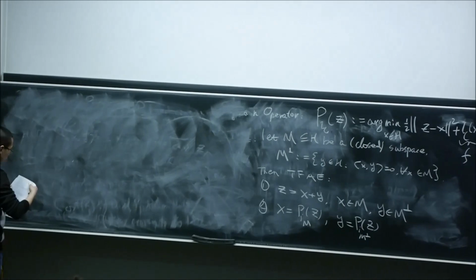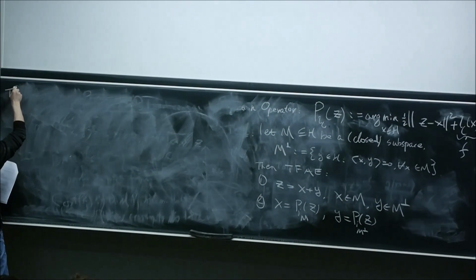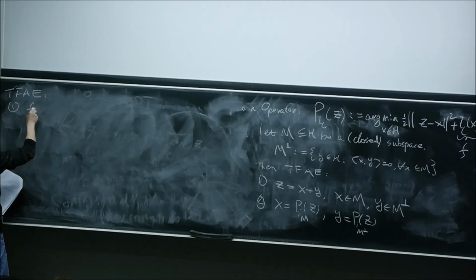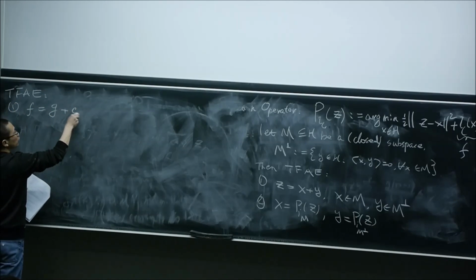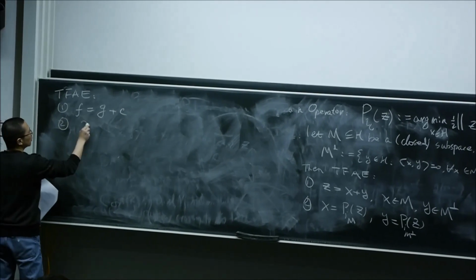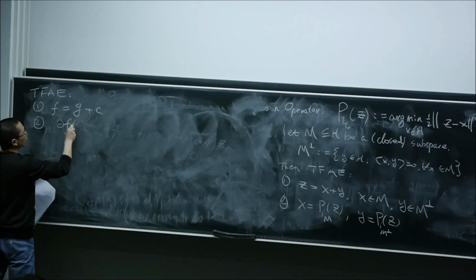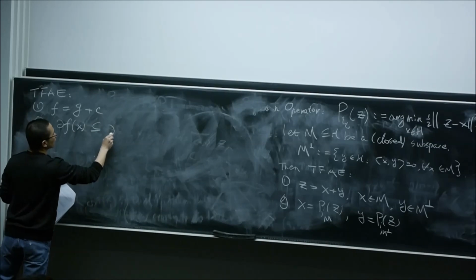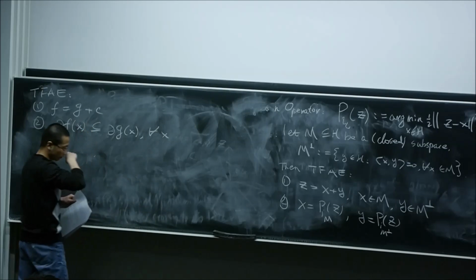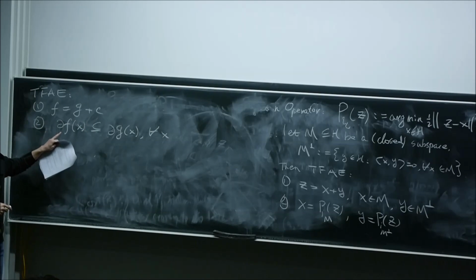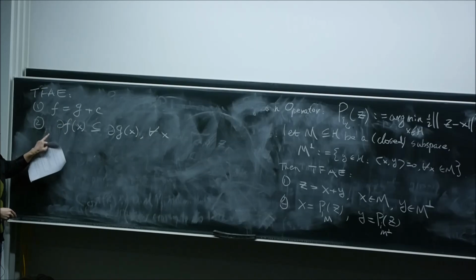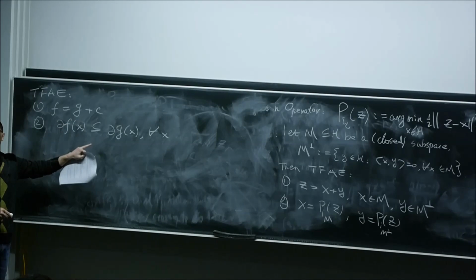For any convex functions f and g, the following are equivalent. The first thing is f equals g plus some universal constant. The second thing says the subdifferential of f at any point x is a subset of the subdifferential of g at x. This one is familiar, right? In calculus, f is a constant plus g if the derivative of f is the derivative of g.